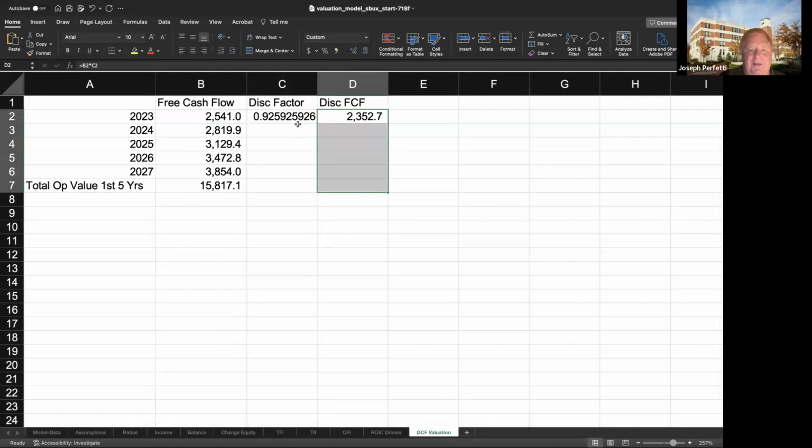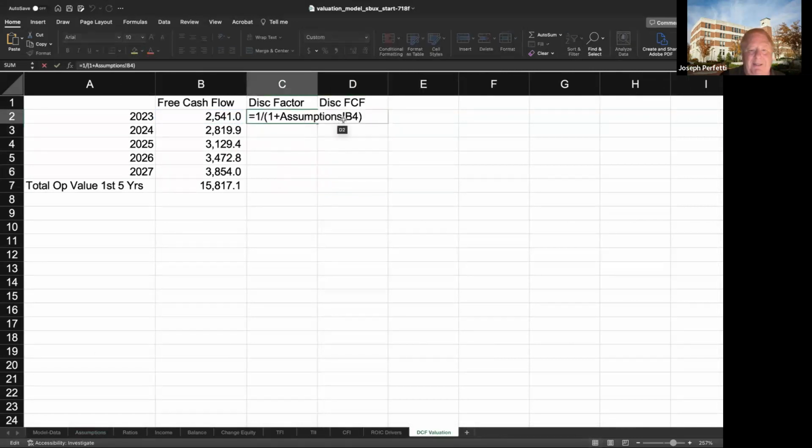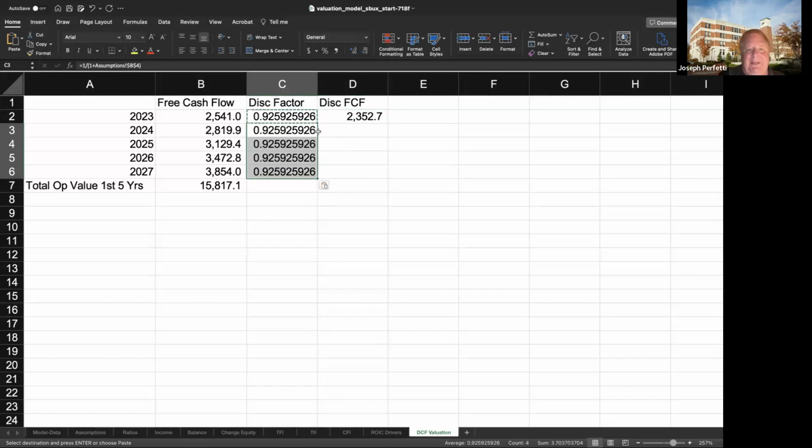All right, now I want to present value all of these as well, which means I'm going to copy this down. So I'm going to make this a $B$4, so it always refers to the WACC on cell B4 of assumptions. I'm going to copy and paste this for the 5 years. Except the difference is in the second year, the formula is 1 plus R squared.